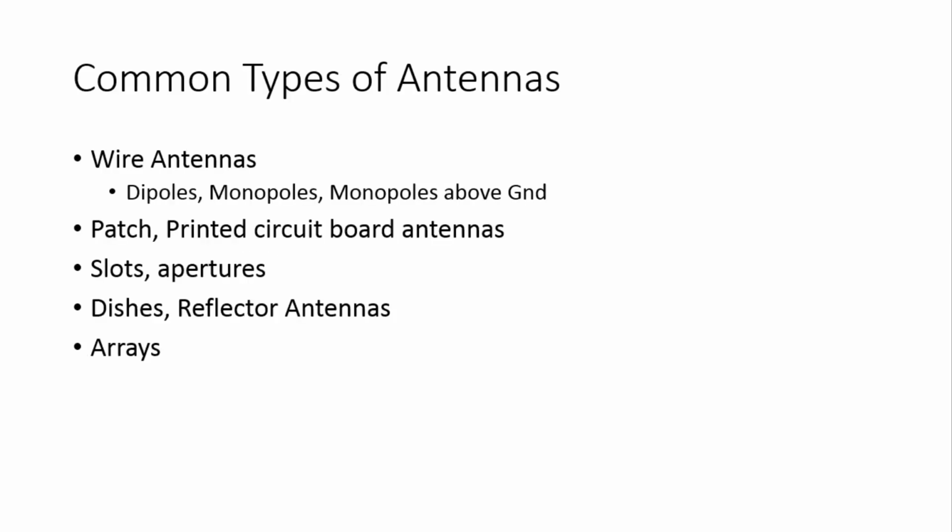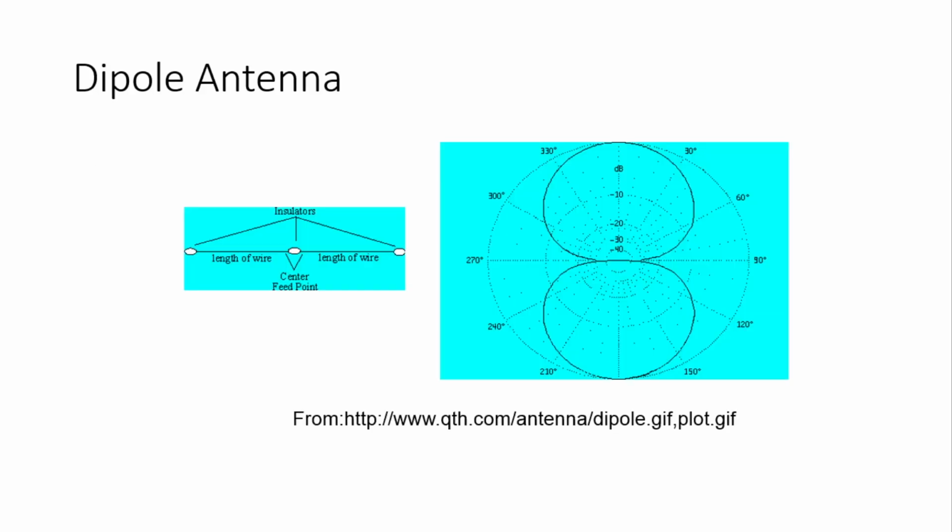So common types of antennas are wire antennas, which are dipoles, monopoles, monopole above ground level, patch antennas, printed circuit board antennas, slots, aperture, dishes, reflector antennas, and array. Dipole antennas.